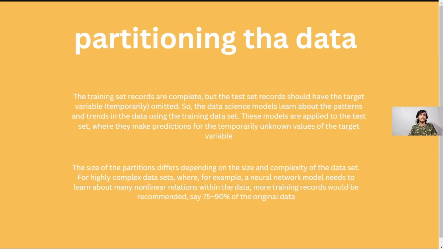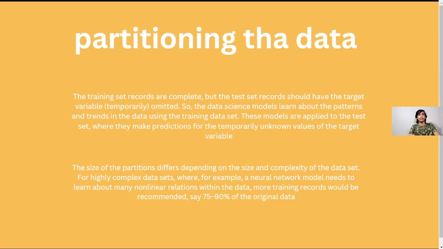Partitioning the data. The training set records are complete, but the test set records should have the target variable temporarily omitted. The data science model learns about the patterns and trends in the data using the training data sets. These models are then applied to the test set, where they make predictions for the temporarily unknown values of the target variable.